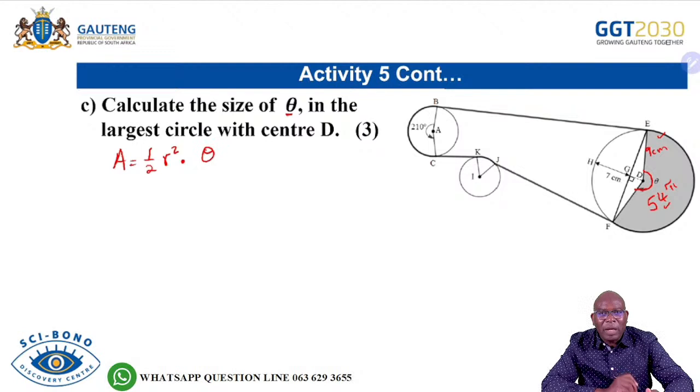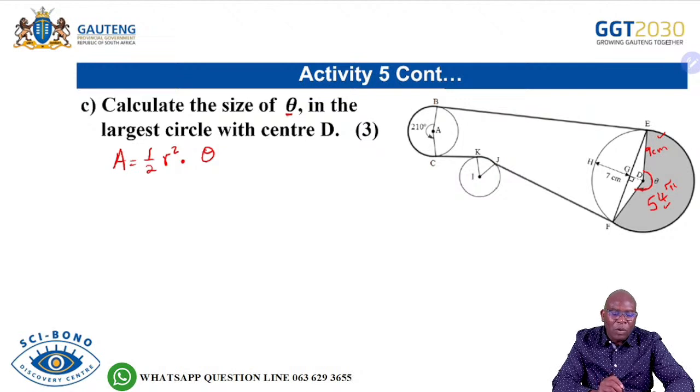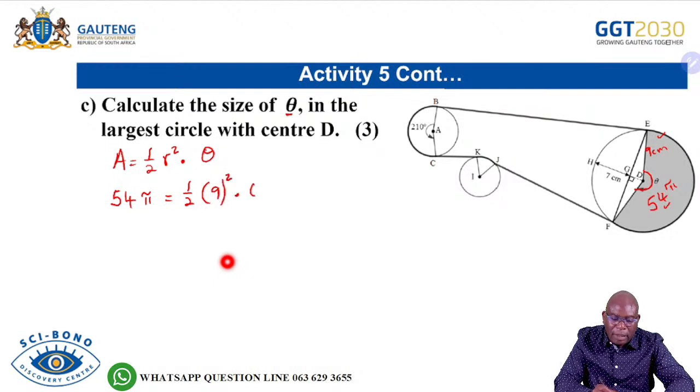I cannot use S because the arc length is not given. The area is given. The radius I've got, I only need the theta. So what is my area? The area is 54 pi. The radius is 9 squared. Then I need the angle.